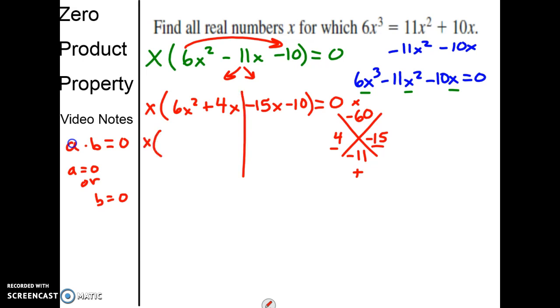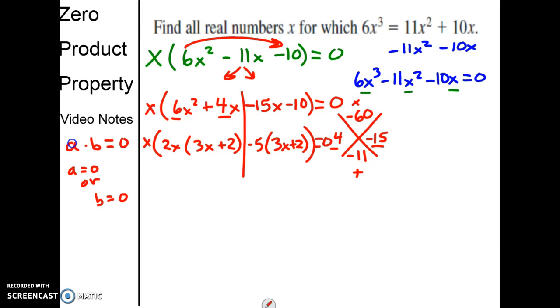A common factor of 6x squared and 4x would be a 2x, and what is left would be a 3x plus 2. And then factoring out a negative 5 from negative 15 and negative 10, that would also be a 3x plus 2.